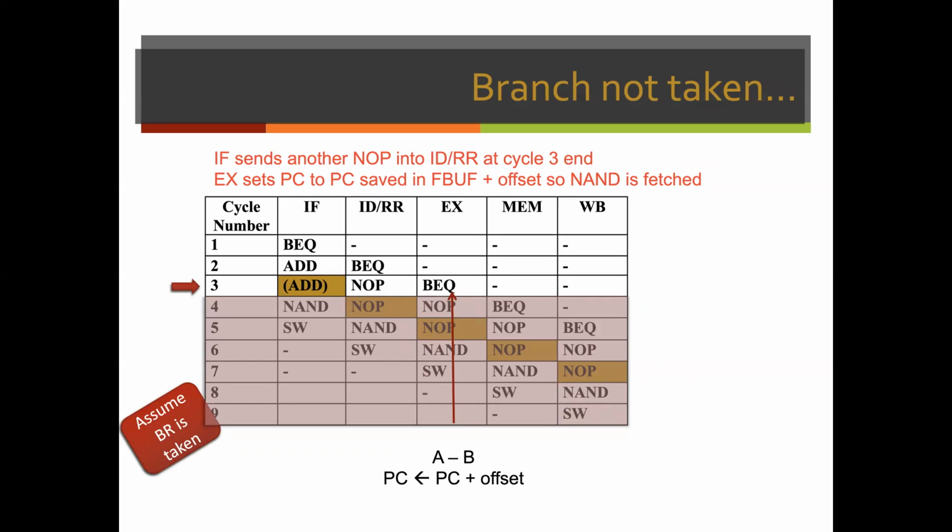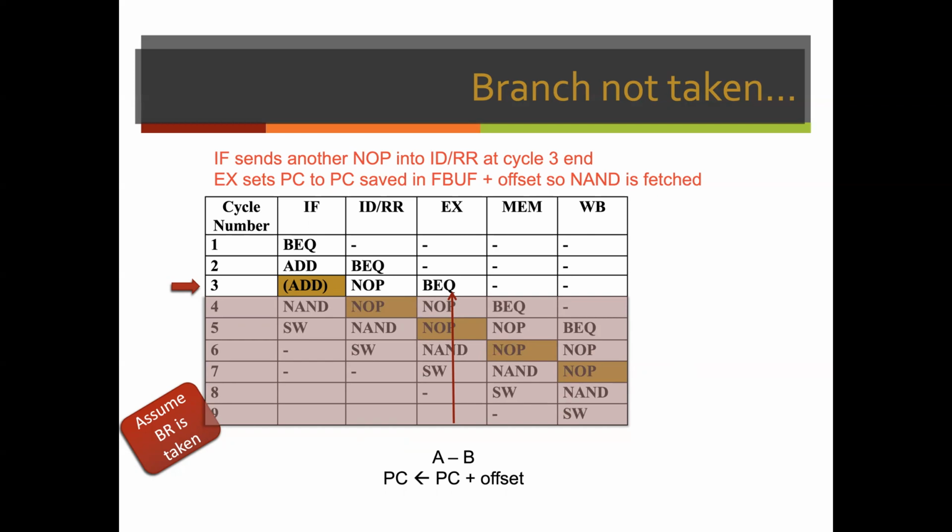So instruction fetch then sends another no-op into the IDRR at cycle 3. During the execute stage for our first instruction, the execute sets the PC, and that gets saved to our FBUF plus the offset.